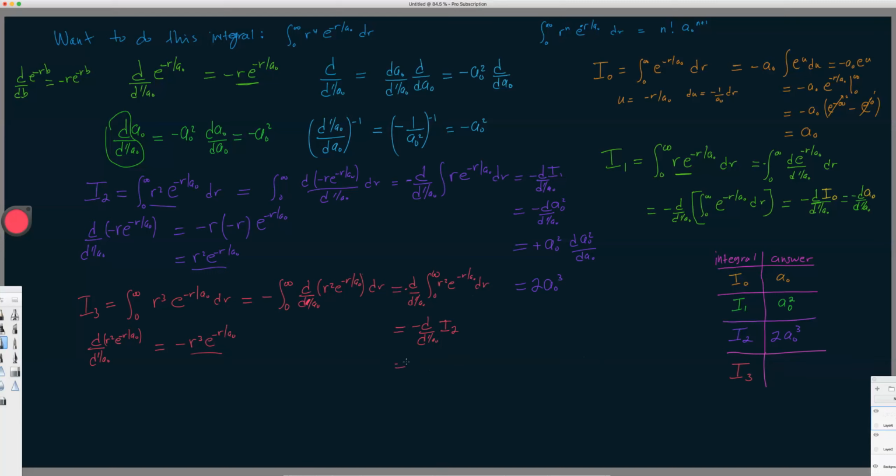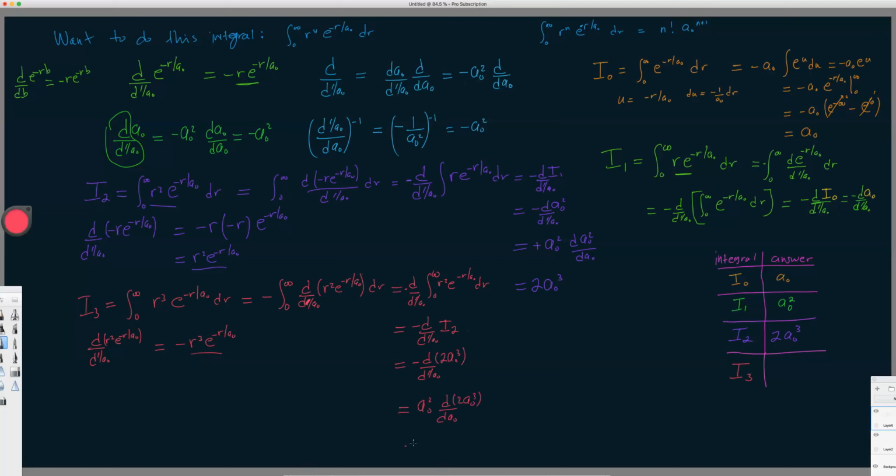Okay? And we know the answer to I2 is 2a naught cubed. So we get equal minus d 1 over a naught of 2a naught cubed. Again, we use our operator right here. Okay, so this is going to be minus minus, so plus. So we have plus a naught squared d a naught of 2a naught cubed.